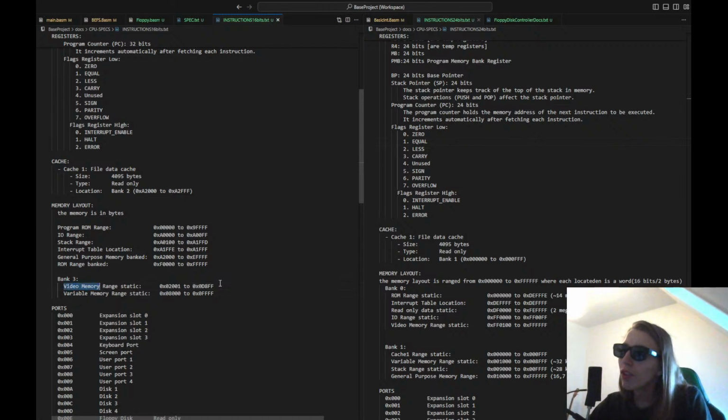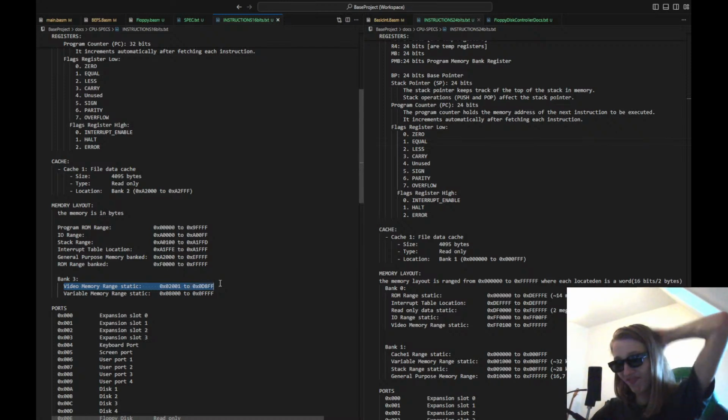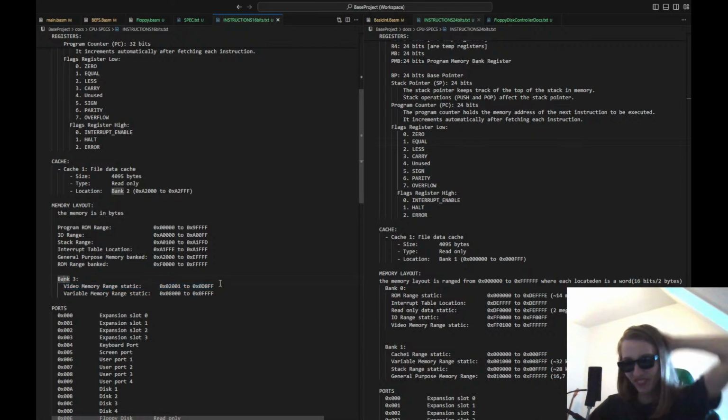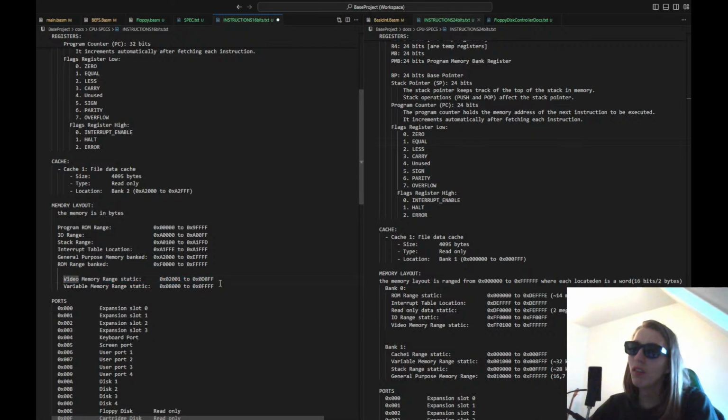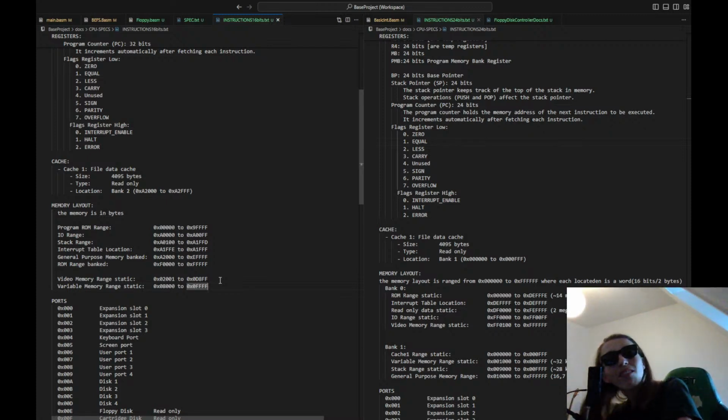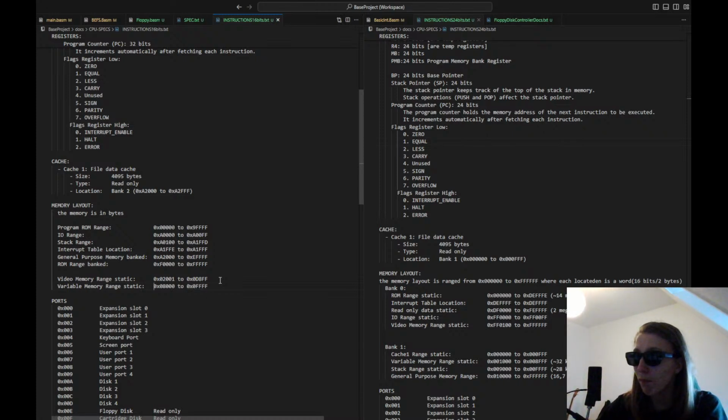That one, yes. The VRAM. So video memory, I kind of want to have some place for VRAM.